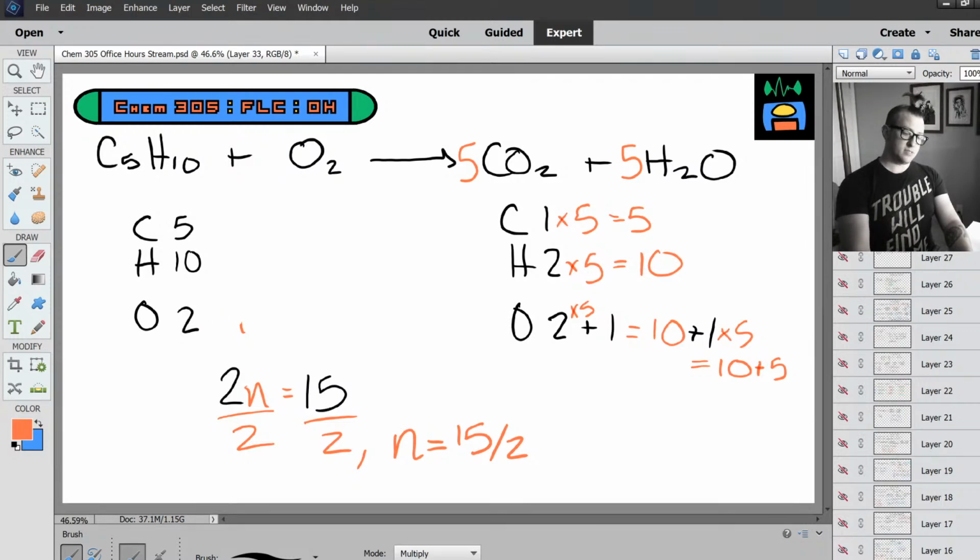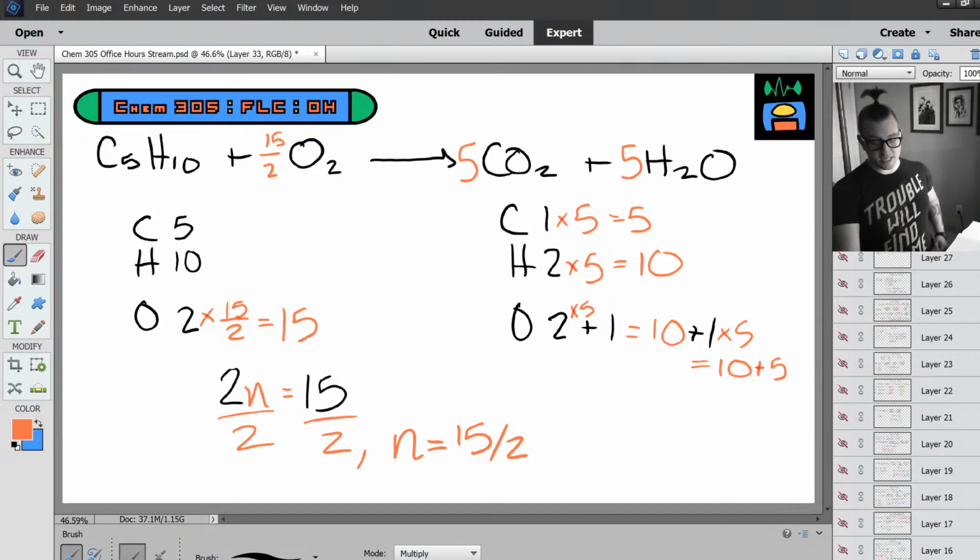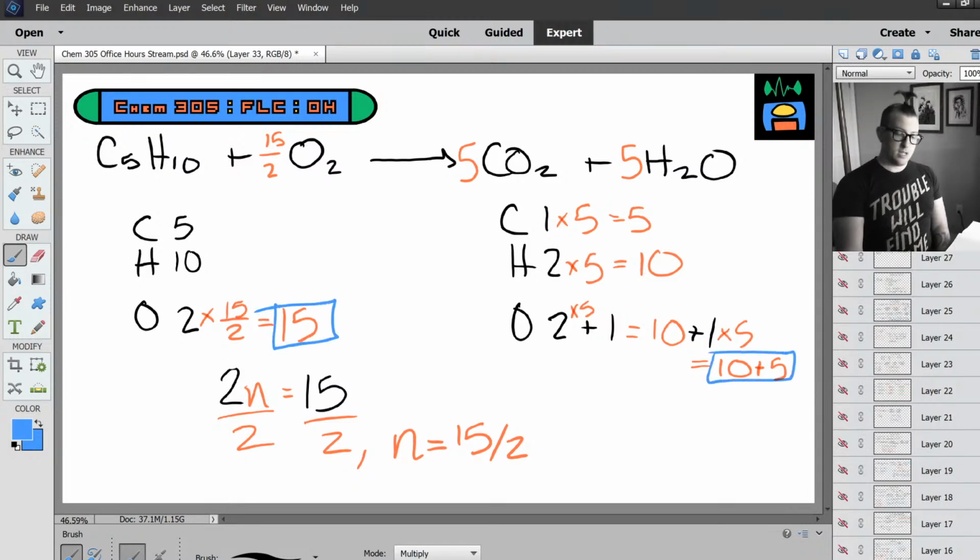Watch what happens when you multiply O2 by 15 over 2. 15 over 2 times 2 is 15. We're balanced because 15 is equal to 10 plus 5. All right? They're equal, but there's a problem.